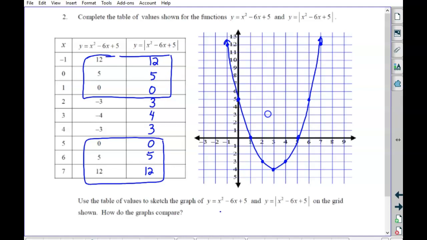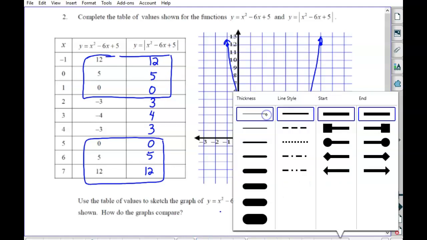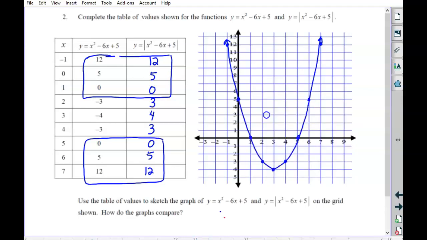Absolute value, we can plot what those are, or think about what we just learned. Anything that has a positive y value on the original stays the same. So my new graph is going to have that and this.